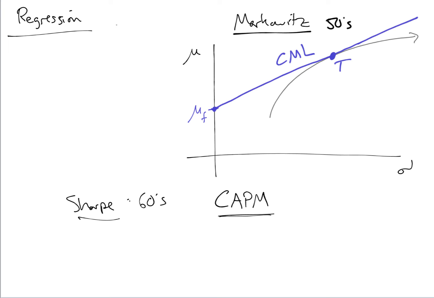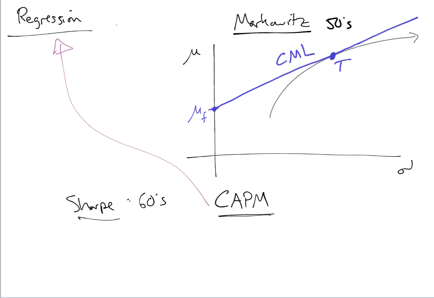Now, it's also important to recognize that once we get into CAPM, even though it is built on Markowitz, it actually will have in its interpretation a very natural approach that involves linear regression.